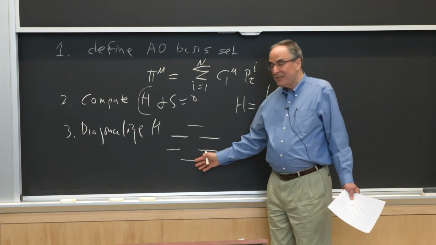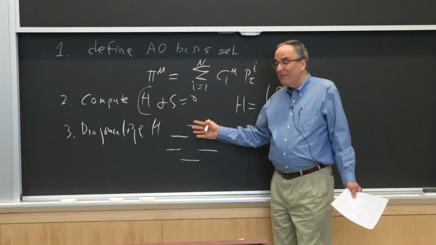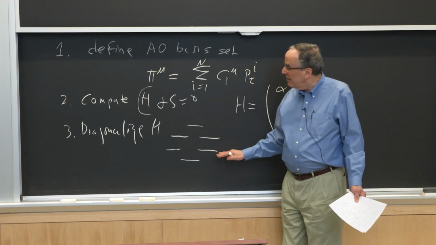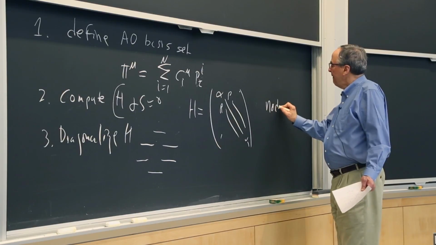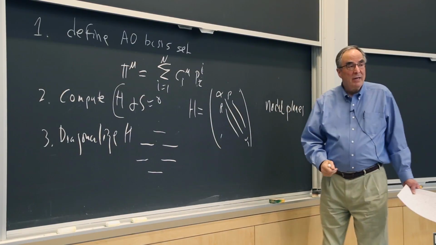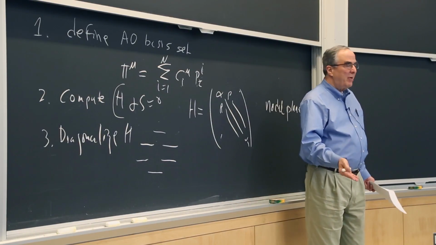And it happens that when you solve the secular equation, you get this pattern. And this is a problem where the number of nodal planes determines the order of energy.